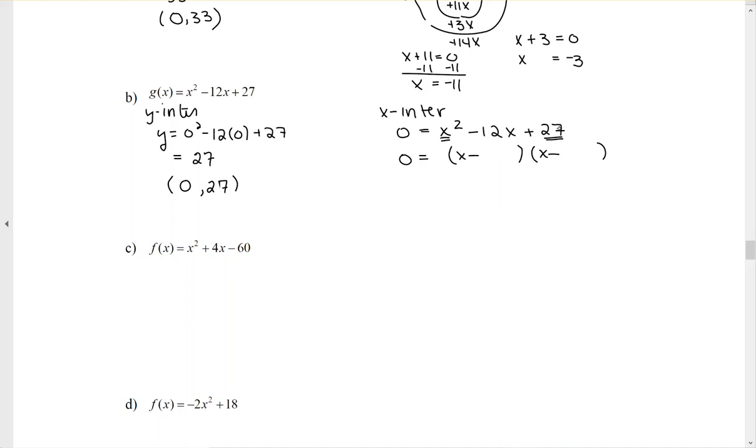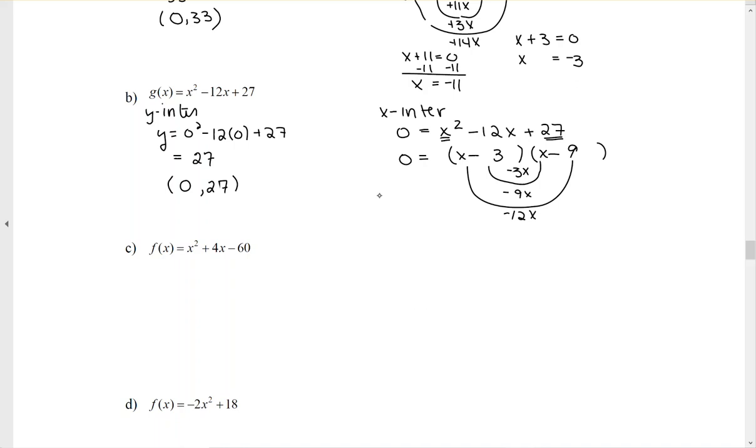So it multiplies to a positive 27, and -3 times -9 multiplies to positive 27. But then when I add the middle terms, I have a -3x and a -9x. That adds up to the -12x that you needed in the middle.